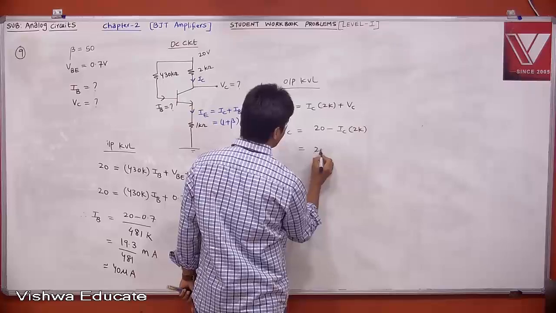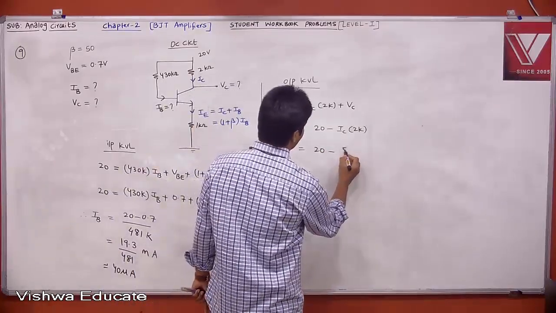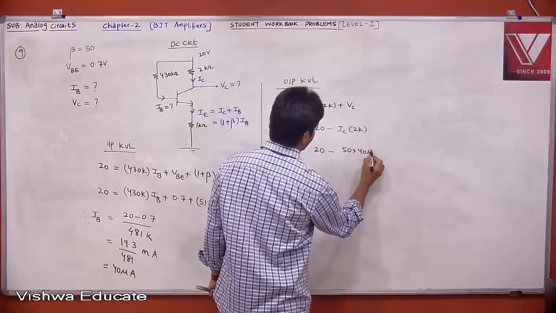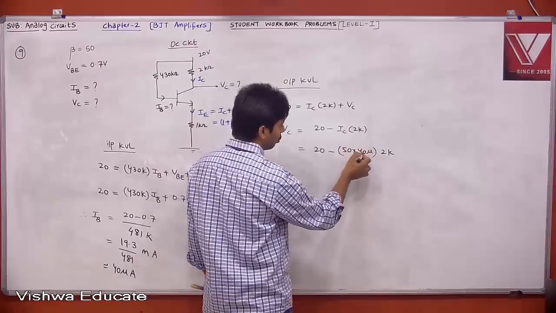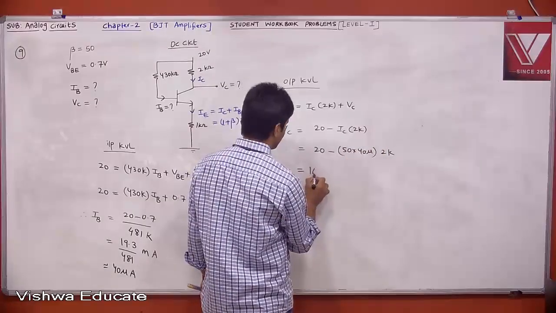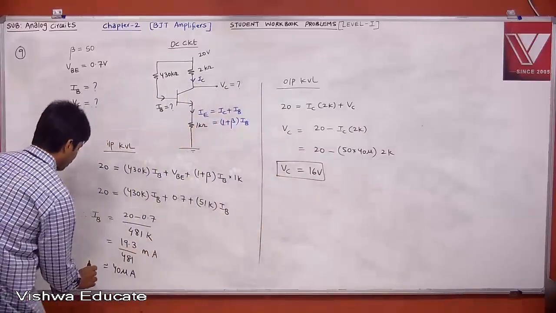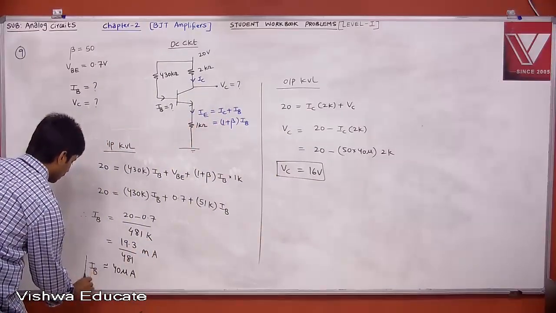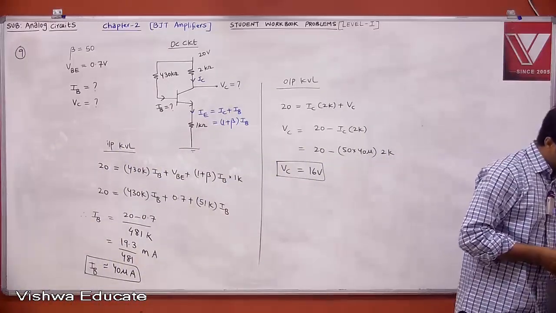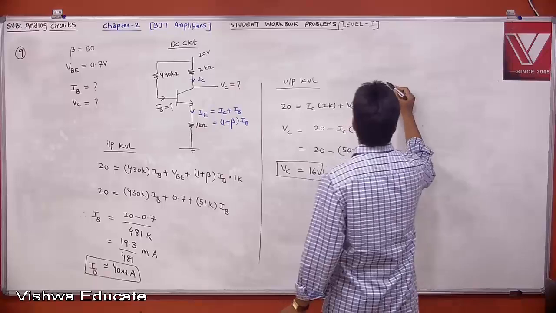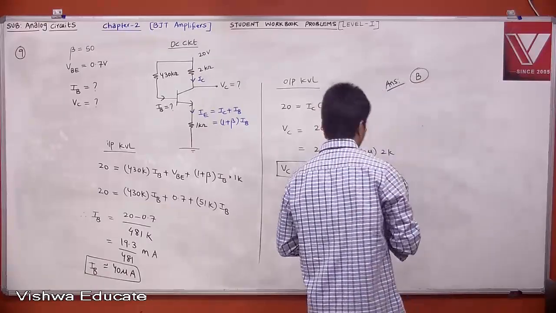IC is beta into IB, beta is 50, IB is 40 micro. 50 into 40 micro into 2K: 50 into 40 is 2000 micro, which is 2 milli, times K gives 4. Therefore, this is 16 volt. VC is 16 volt and IB is approximately 40 microampere. Therefore, the answer is 40 micro and 16 volt. Answer is B. Take it.